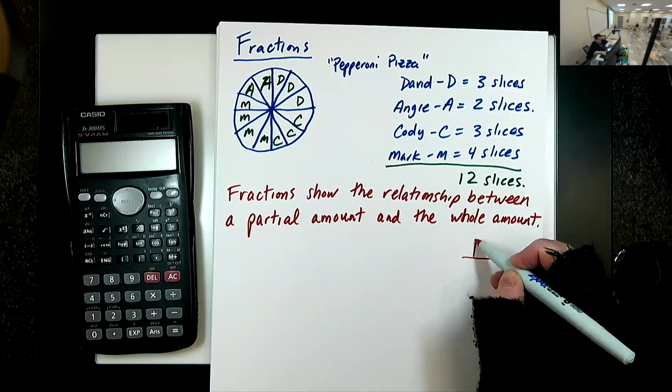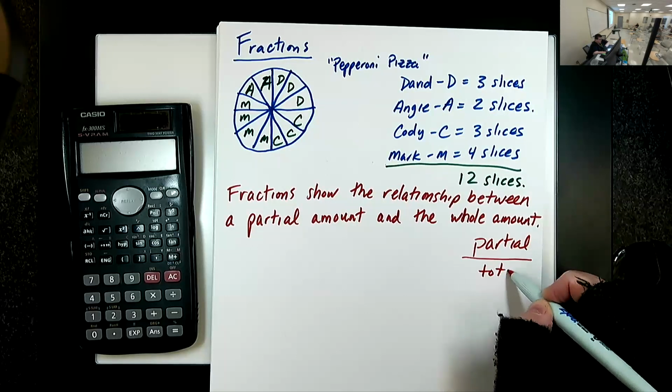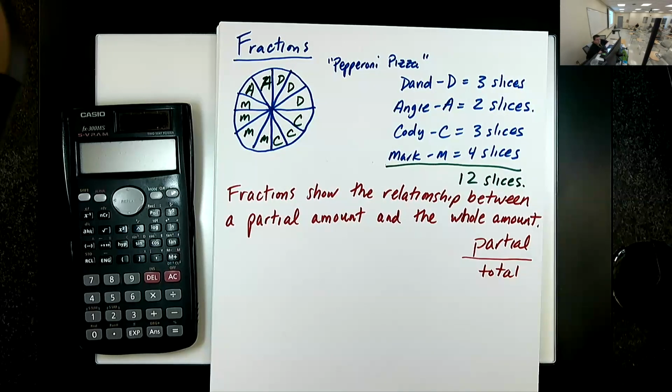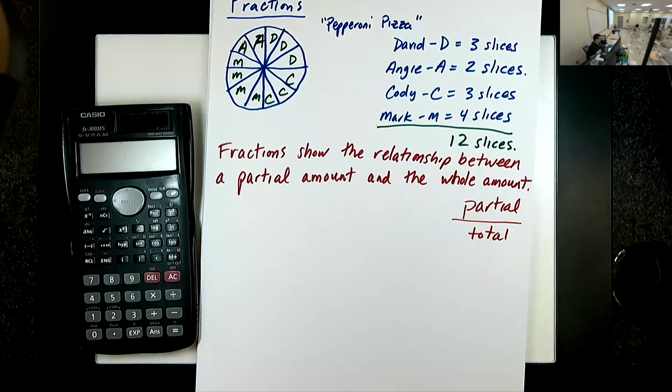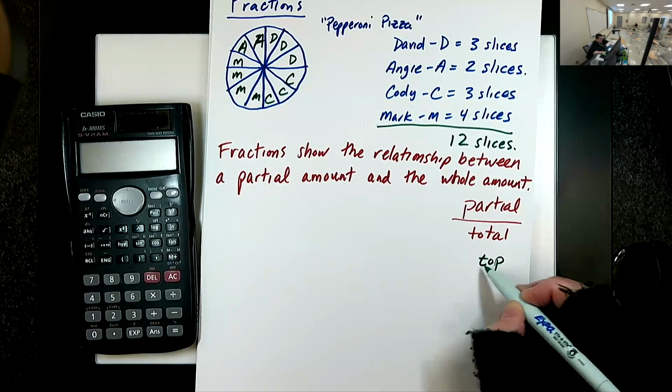And we write them as partial over the total for the whole amount. I will quite frequently call this the top over the bottom.